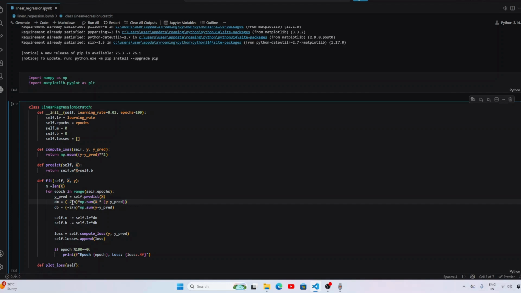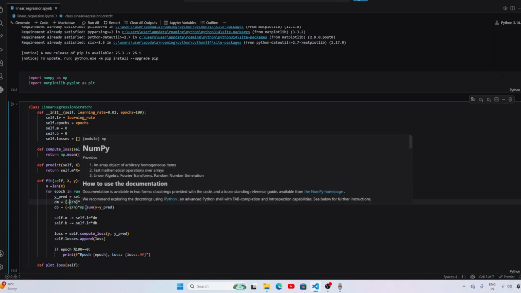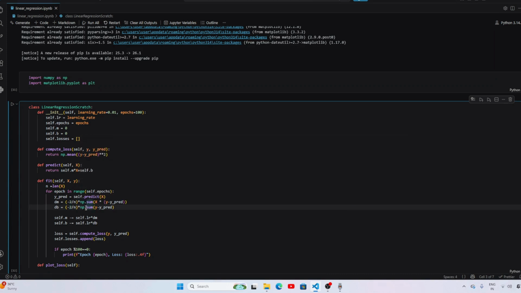The negative sign ensures the gradient descent moves in a direction of lower loss. To compute the derivative with respect to the intercept b, unlike m, we do not multiply by x. So this is the only difference between db and dm: in dm we multiply by x, and here we are not multiplying by x.